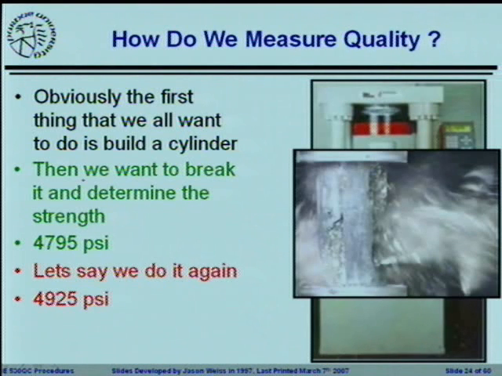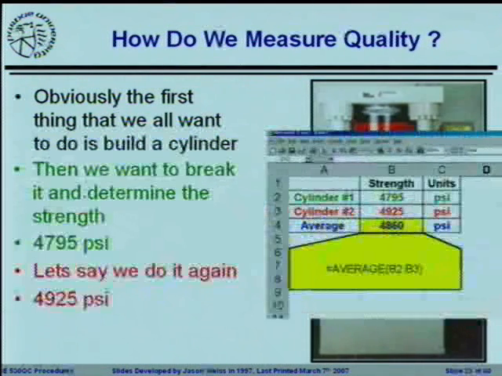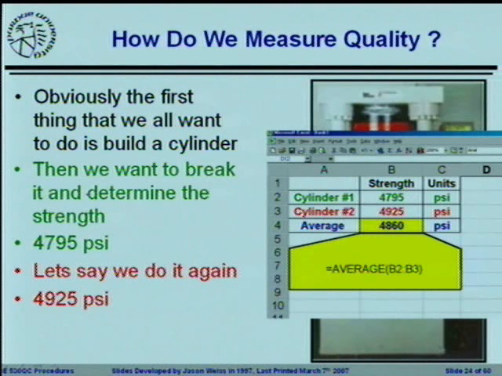So most people look around and they say, I've got two numbers. The one thing that I know how to do is I know how to take an average. So if you don't know how to do that on your own anymore, you could find that there's an average key in Excel, and you could take the average and you would know that this concrete has exactly 4,860 psi compressive strength. Whew. It's an exhausting day.